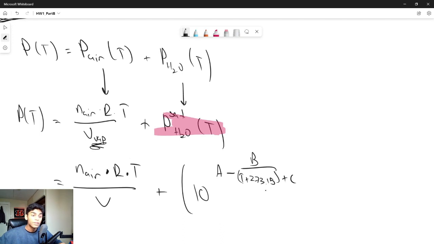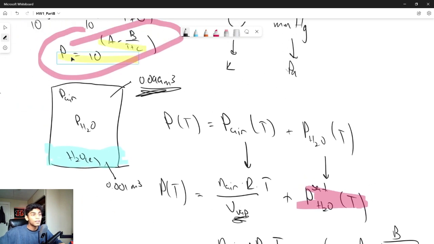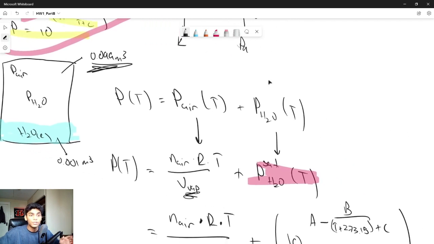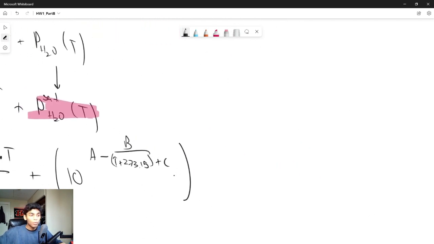So now this is in Kelvin, right? And since this pressure is in millimeters of mercury, according to the constants that we are going to use, we will multiply by a conversion factor that we know, which is that 760 millimeters of mercury is equal to 101.325 pascals.